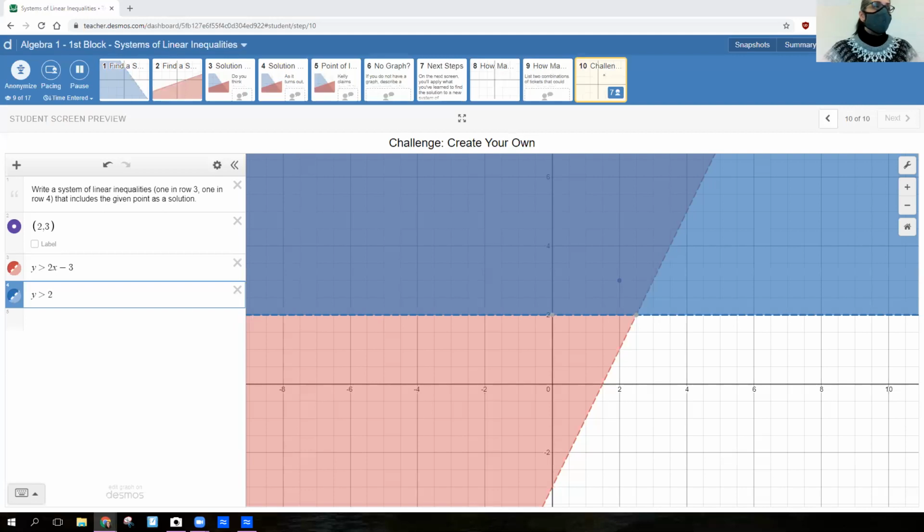Gaspard, you got it. Gloria, you just need to move your red line over to the right a little bit.